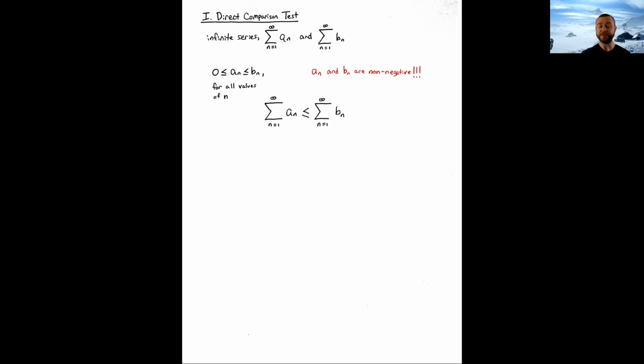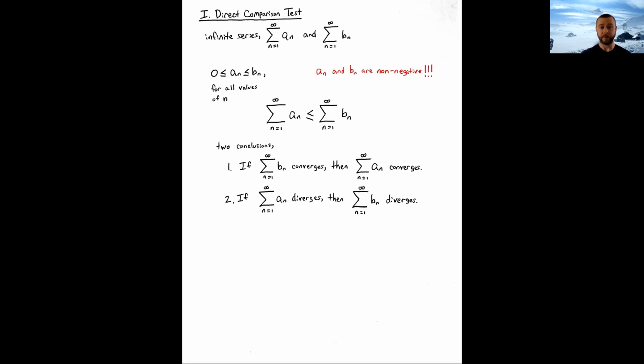We reach two similar conclusions. If the bigger infinite series involving the terms b sub n converges, then no surprise, the smaller infinite series involving terms from a sub n converges as well. And similarly, the second conclusion is if the smaller infinite series involving the terms a sub n diverges, then the bigger infinite series involving terms b sub n diverges as well.